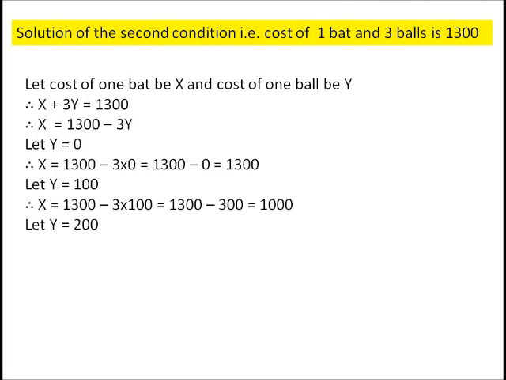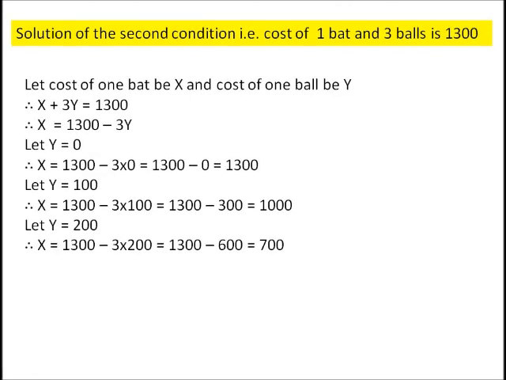Let y is equal to 200. Therefore, x is equal to 1300 minus 3 into 200, which is equal to 1300 minus 600, so this is equal to 700.